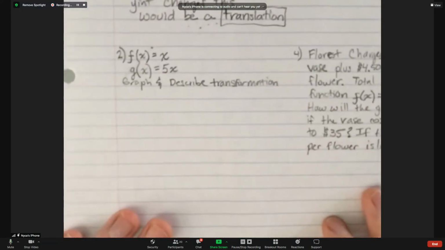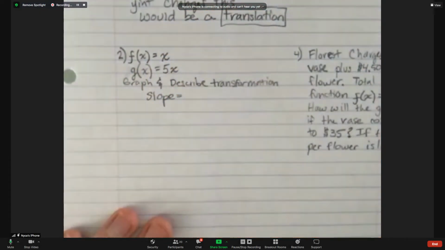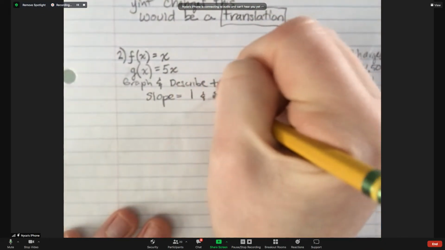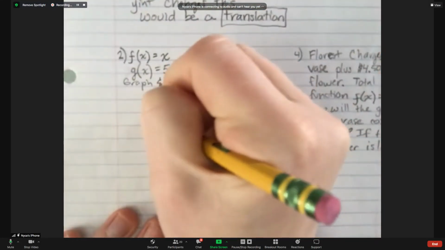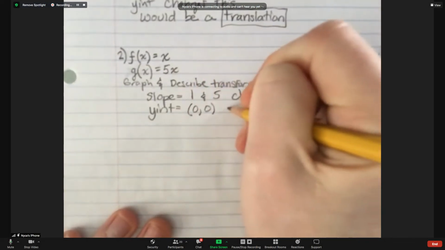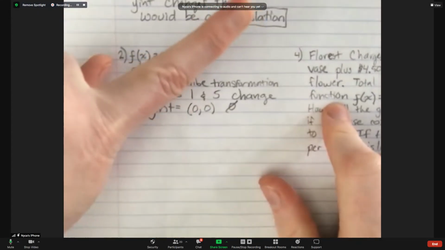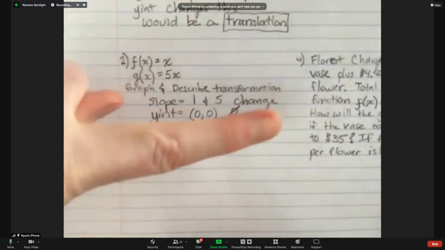Number 2, all right, look at the slope. What do you notice? So for my slopes here, I see a slope of 1 and 5. So these change. But now I'm going to go look at my y-intercept. My y-intercept for them is 0, so they both must go through 0, 0. Now you ask yourself, what transformation does the slope change, but the y-int remains the same?